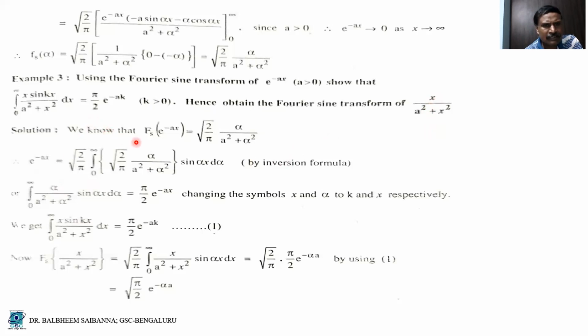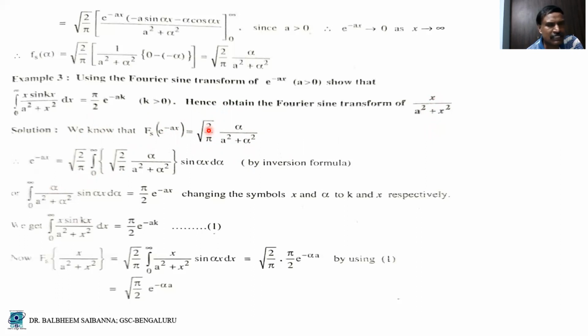We know that Fs of e to the power of minus ax is root of 2 by pi, alpha divided by a square plus alpha square. This we have proved in the previous Fourier cosine transform.